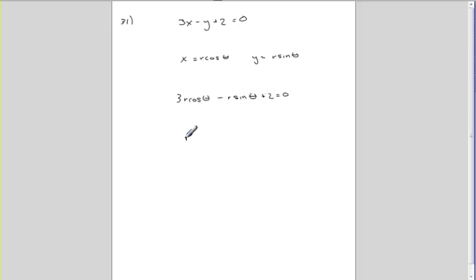We factor out an r. r times 3 cosine theta minus sine theta is equal to negative 2. And so the polar form of this equation, which is more complicated, is r equals negative 2 over 3 cosine of theta minus the sine of theta. And so let's plot that.